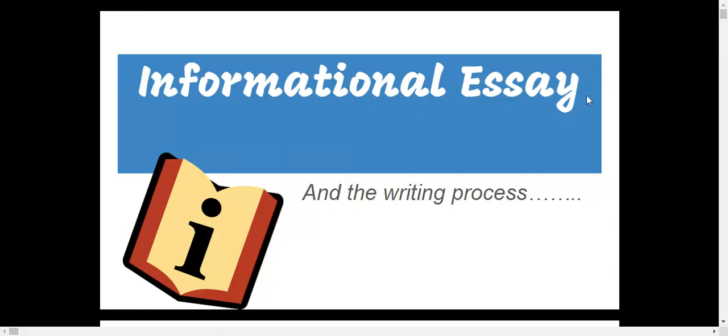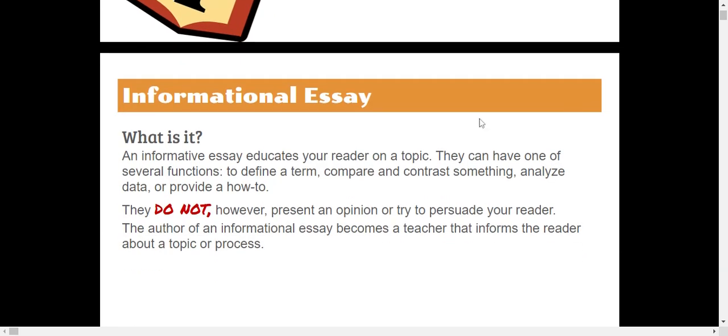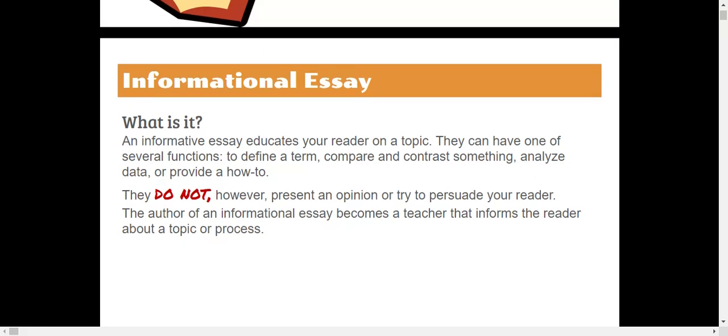All right. So an informational essay has a specific writing process. What it is, it educates your reader on a topic. They can have one or several functions: to define a term, compare and contrast something, analyze data, or provide a how-to.